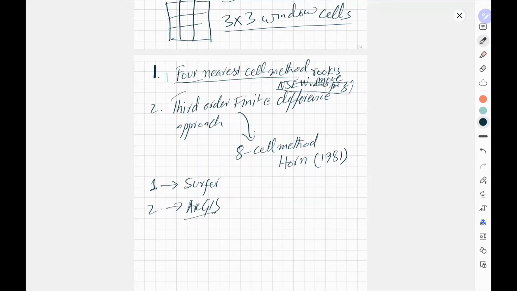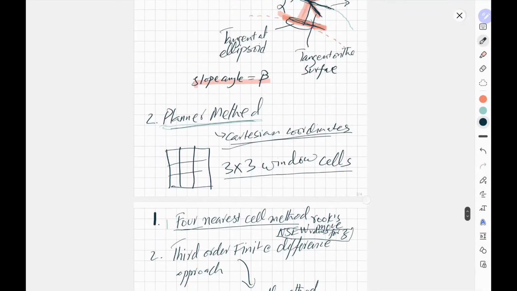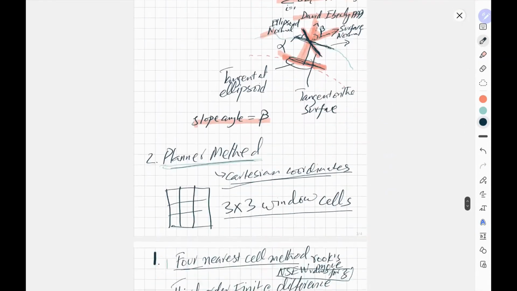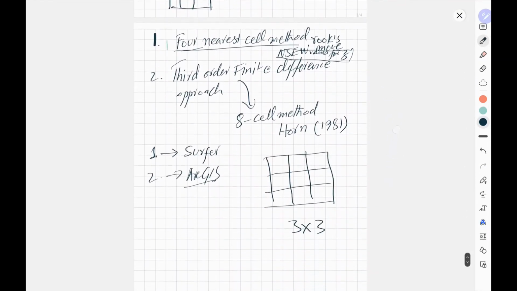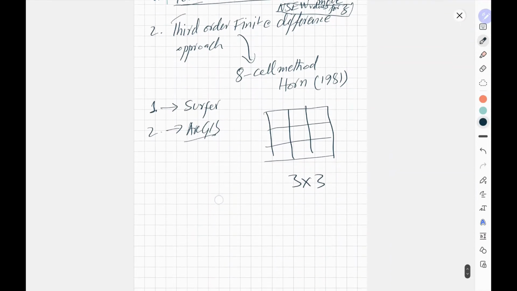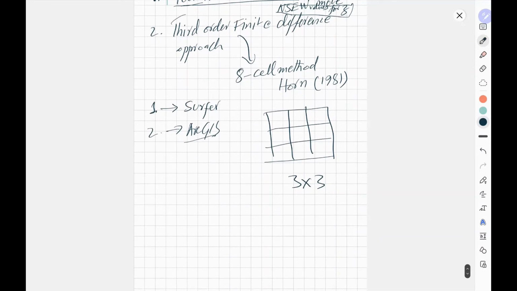Again, we are using a window of 3x3, just like we did in the geodesic method. The planar method also employs a window of 3x3. There is a third method in which triangles are used.